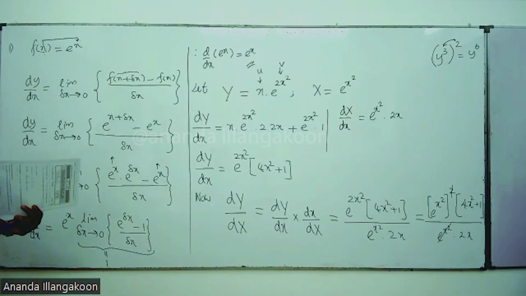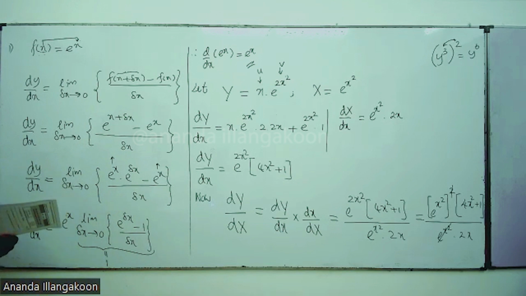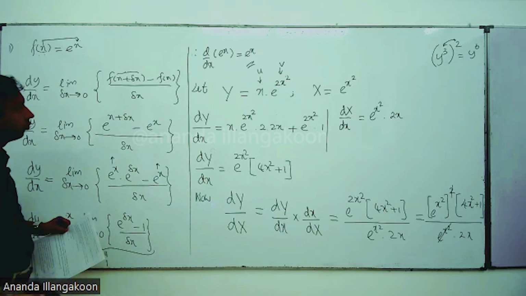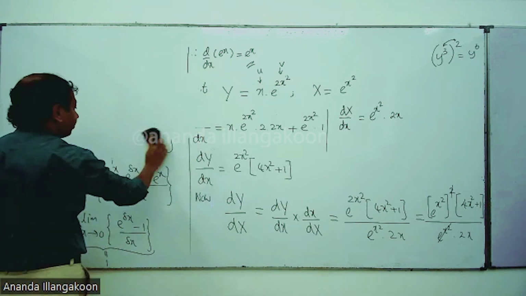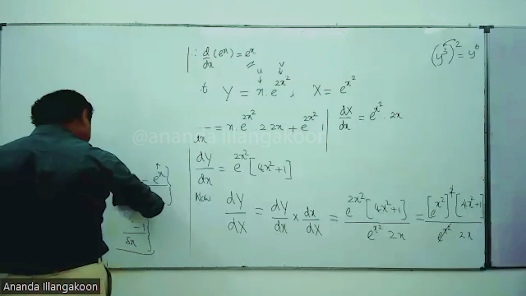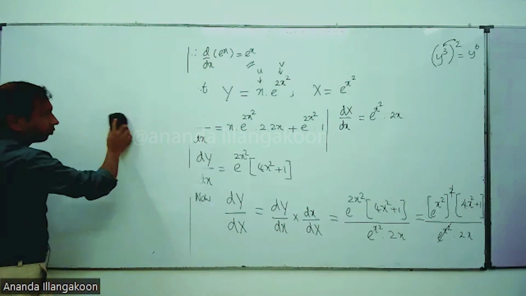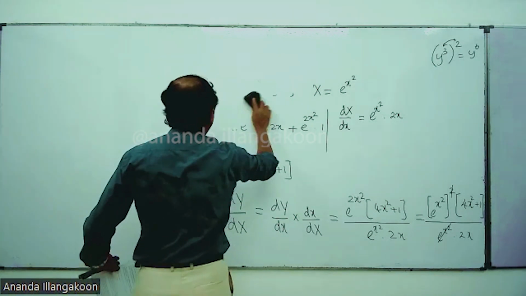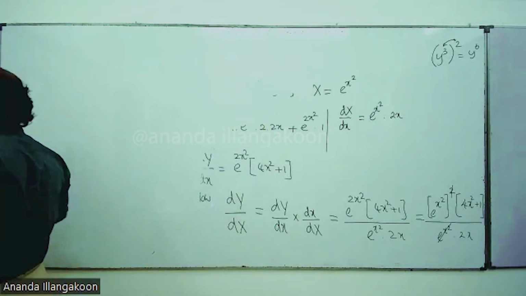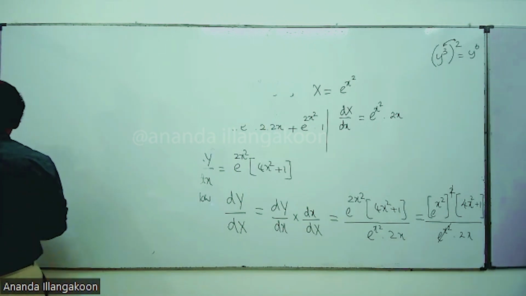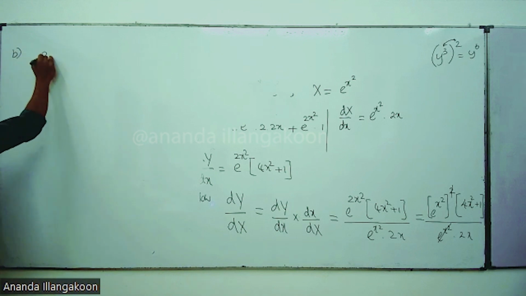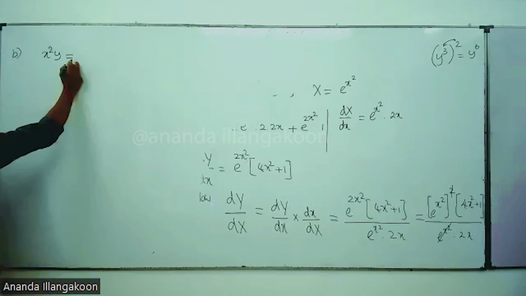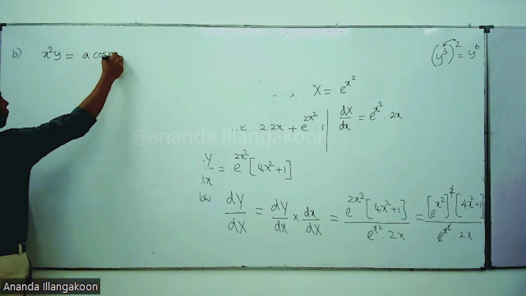Right. Take part B. Part B. x squared y equals n x.